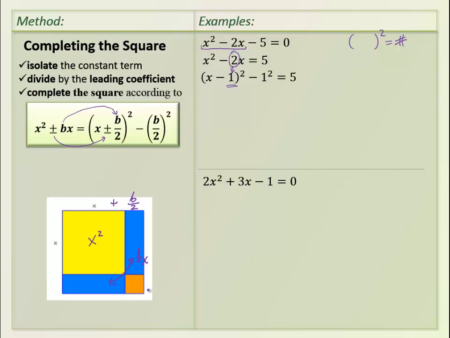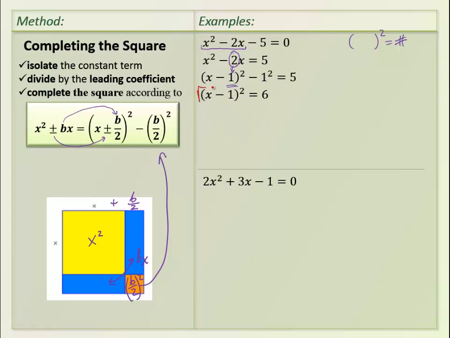We have this orange square, which is extra, and we need to subtract it. So this orange square is the part which is (b half) squared. Let's come back to our example. Now what we need to do is bring the 1 to the other side and add it to 5. And finally solve by the square root property.